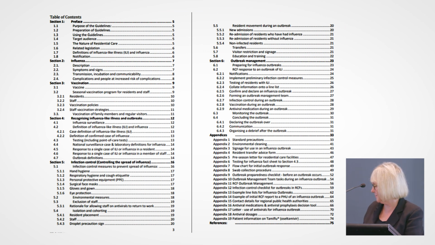It's got sections on the basic influenza information. It's also got a lot of advice about managing outbreaks, vaccination programs and infection control, and a lot of signage that's useful for facilities if they have a case. I couldn't find a picture of a lockdown thing, but I know that sometimes it gets to that sort of situation. And that's my talk, and does anybody have any questions for me?